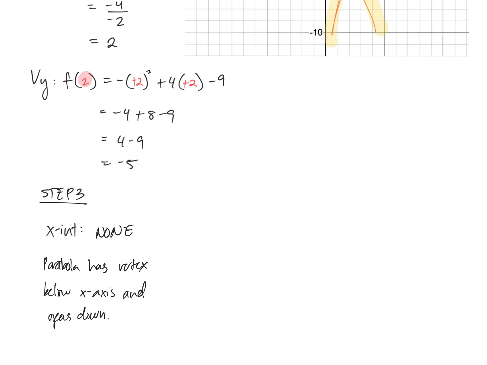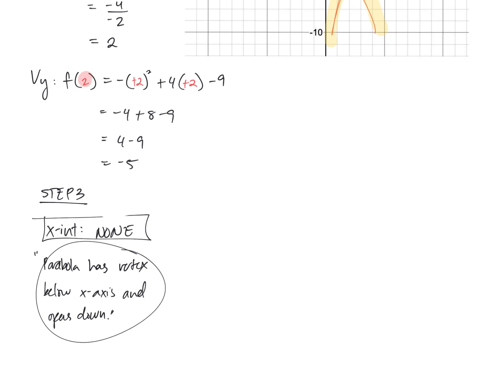Once again, if this happens, I'll be looking for x-intercept none, and then the small explanation below. It doesn't need to be the exact wording, but the basic idea is that the vertex is below the axis and your parabola opens down. And you need to state x-intercept none. Don't write x-intercept 0, because then I'll think you're talking about the point 0, 0. So make sure to state none.